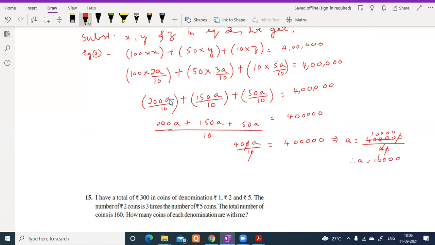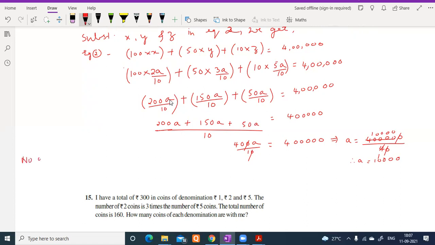So what does it imply? The total number of notes which you are having in your pocket is 10,000. In that, I don't know how many 50 rupee notes, how many 100 rupee notes, or how many 10 rupee notes I have. Just the total is 10,000. Now I need to find how many of each.